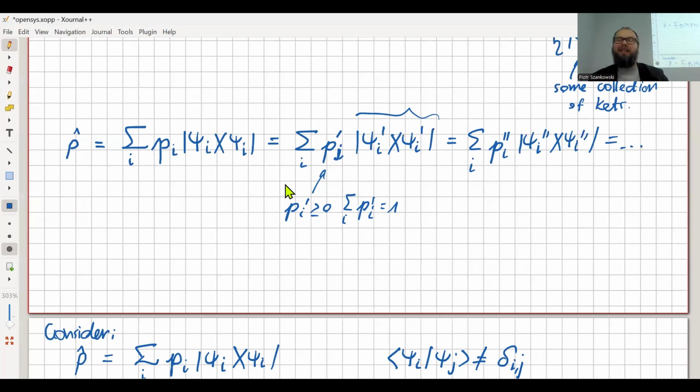Like, for example, let's say we have some apparatus, some machine, some device that prepares our system in some initial state, okay? And this machine can initialize our system in a pure state, so in some cat, but it also has some random component. There's some randomness there where it picks the setting. So it can initialize in psi i, but which i it picks has some randomness to it.